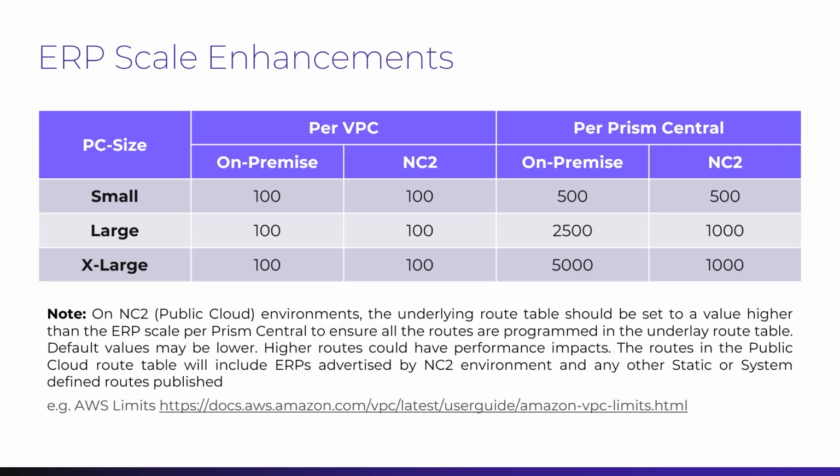With this release, we can now scale to 100 ERPs per VPC. This should really help enterprise customers as they adopt and scale with Flow Virtual Networking. As always, consult the configurations maximum page on the portal whenever you're planning out VPC deployments.